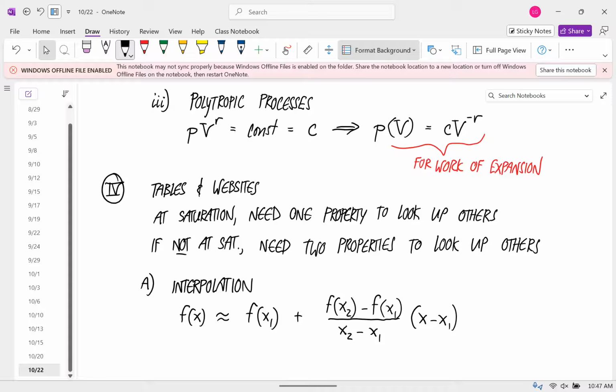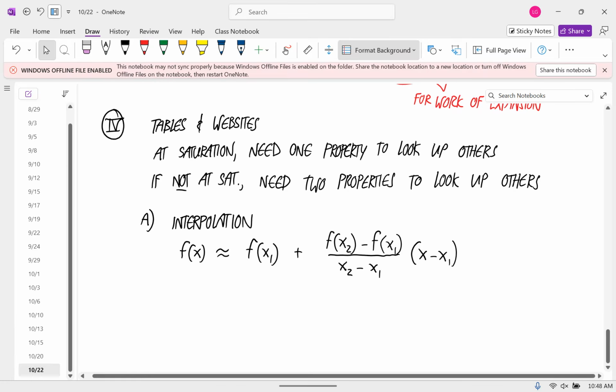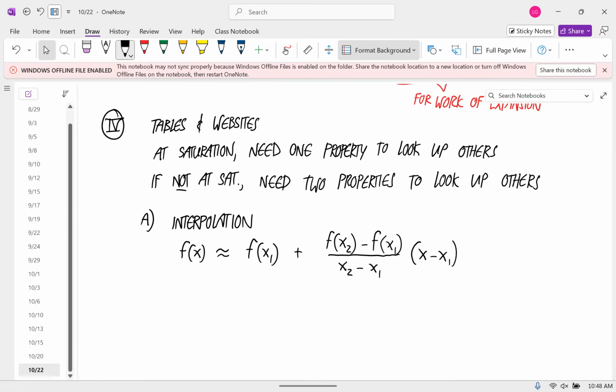Professor? Yeah. So when it says at saturation we need one property, is that one general property and quality? Yeah, right. That's the way they do it on the website. Quality is like a second property. And so you only need one application of this if you're at saturation.